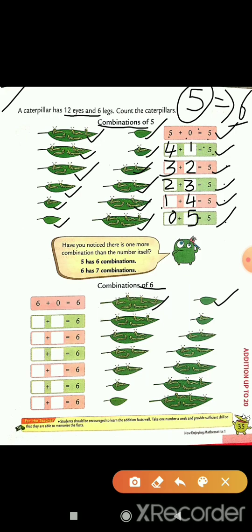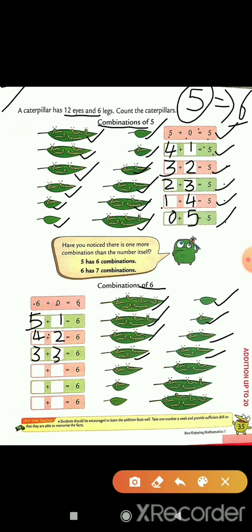6, 0. 6 plus 0 is equal to 6. 5. So write here 5. 1. So 5 plus 1 is equal to 6. 4, 2. So 4 plus 2 is equal to 6. 3, 3.